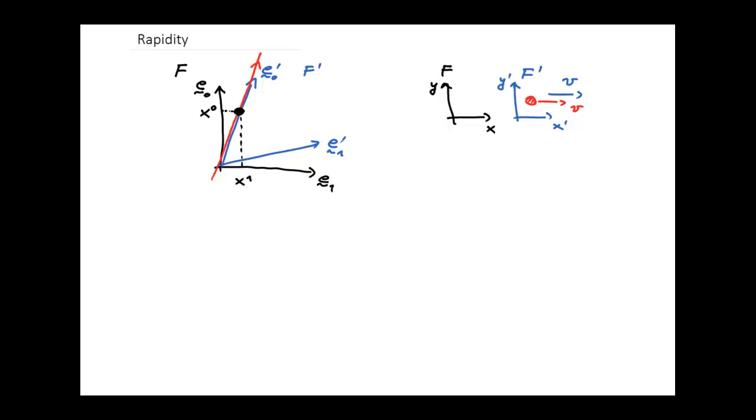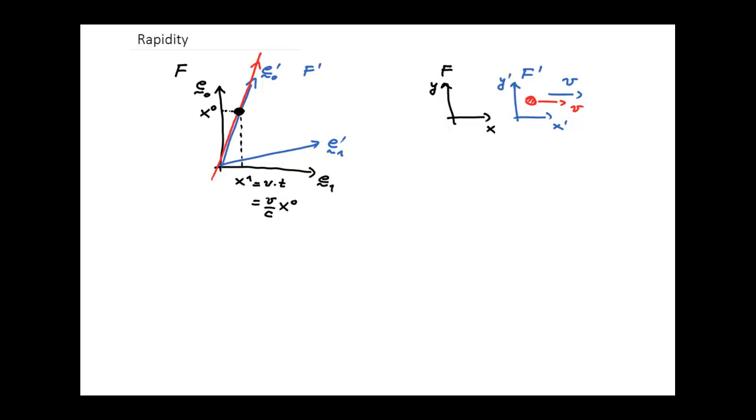Now, since the object is moving with velocity v in the unprimed frame, it must be true that x1 is equal to velocity times t, and rather than t, I can also use my new space-time coordinate x0. I can also write that as velocity over c, the velocity of light, times x0. These are the coordinates seen in the black frame, the unprimed frame.